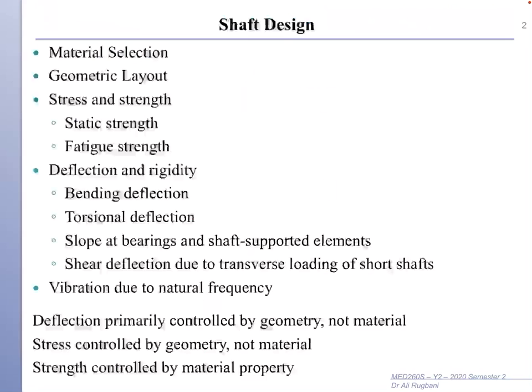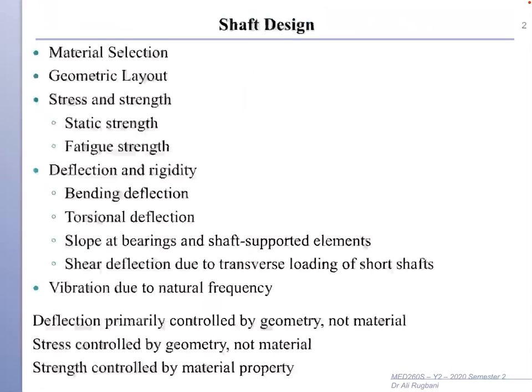Deflection and rigidity, to study bending, torsional deflection, slope at bearings, and so on. We will not focus much on deflection and rigidity for shafts in this section. Then vibration due to natural frequency is something that must be considered, so you avoid resonance and natural frequency vibration.